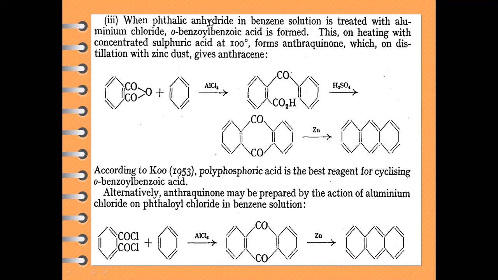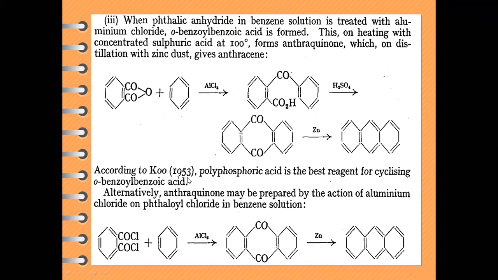So when phthalic anhydride reacts with benzene in the presence of aluminium chloride, orthobenzoyl benzoic acid is formed. When this orthobenzoyl benzoic acid reacts with sulfuric acid under heat, anthraquinone is formed, and upon reduction in the presence of zinc, anthracene is formed.